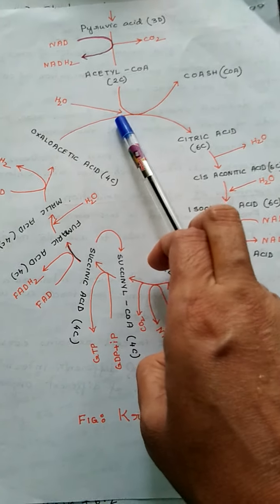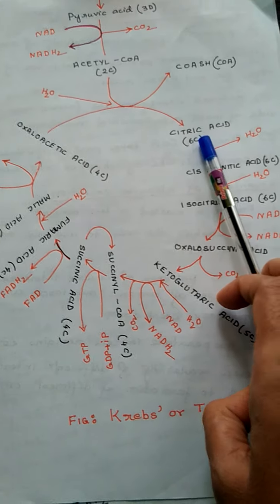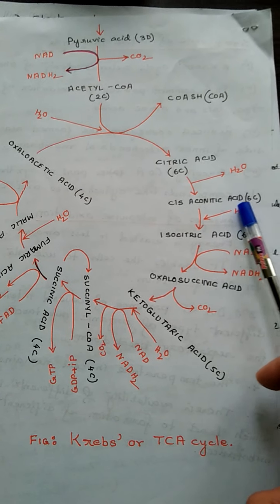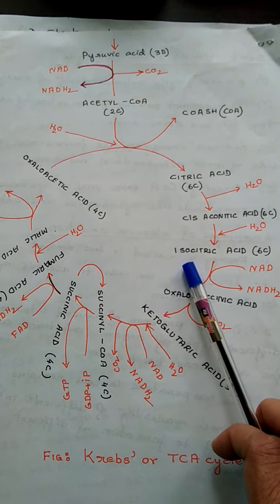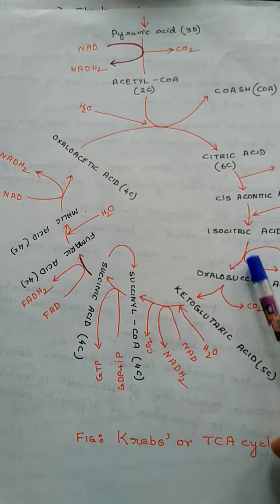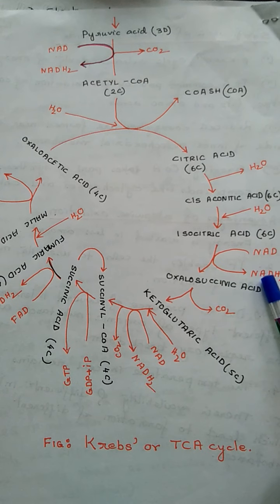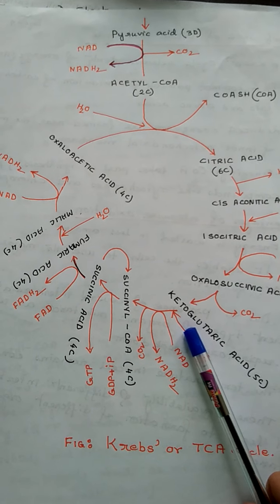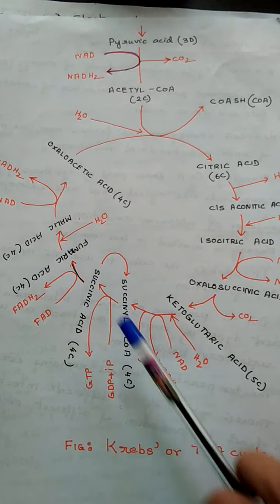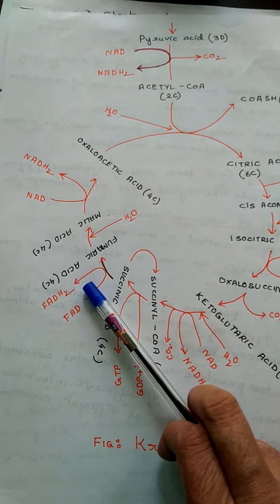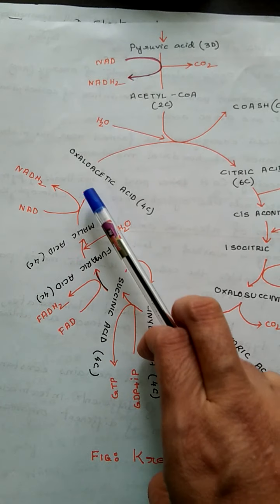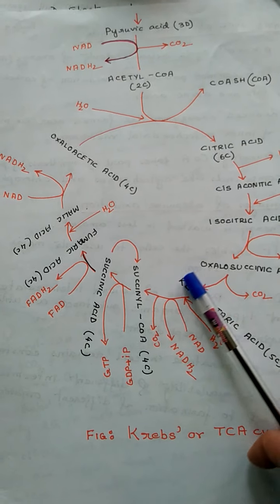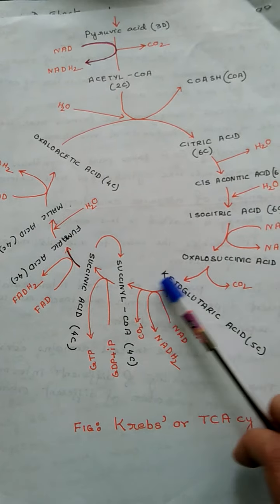So with the addition of water, it forms first citric acid, it releases water, cis-aconitic acid, again hydrogenation takes place, isocitric acid, then here again NAD is converted into NADH2, oxalosuccinic acid, alpha-ketoglutaric acid, succinyl coenzyme A, succinic acid, fumaric acid, malic acid, oxaloacetic acid, and it enters the same pathway again.